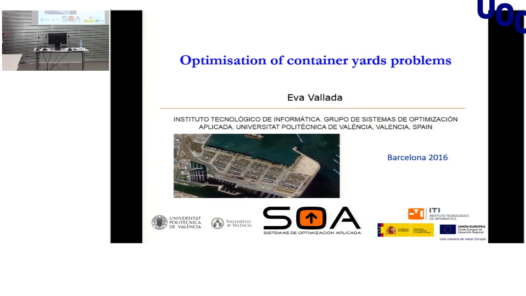I think they used to work with a lot of people from the University. Stefan Voss, in Hamburg, is always working on this kind of optimization problems.